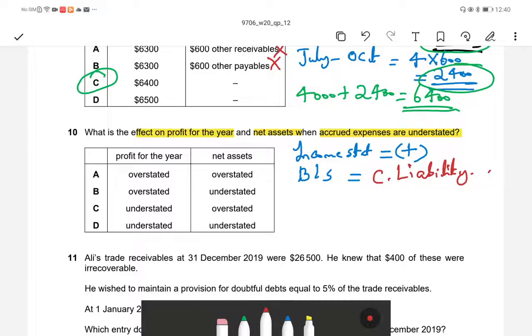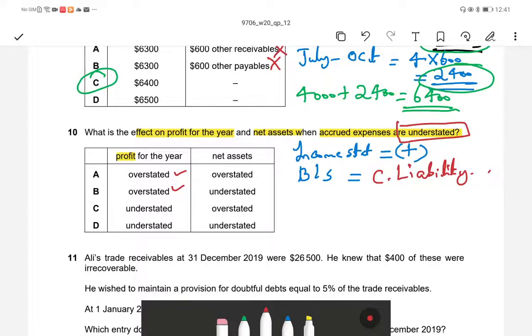So the question is, if the accrued expense is understated. If the expense is understated, what will happen to the profit? Profit will be overstated. So we have A and B. Next, net asset.